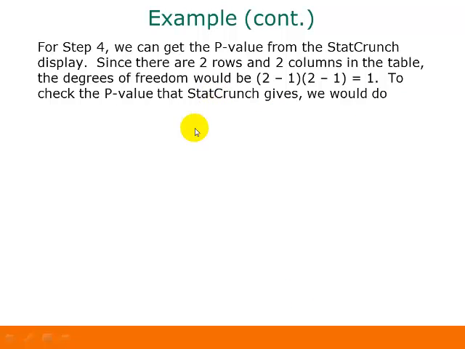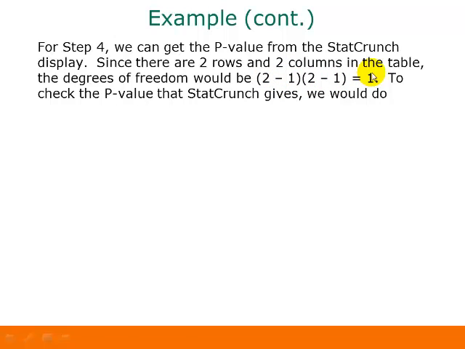So for step 4, we can get the p-value from the StatCrunch display since it does it automatically anyway. If we wanted to calculate it by hand, we'd have to find the degrees of freedom to use our chi-square distribution. So the degrees of freedom for this would be the number of rows minus 1 times the number of columns minus 1. Since there were 2 rows and 2 columns, we'd end up with 1 times 1, which is 1.